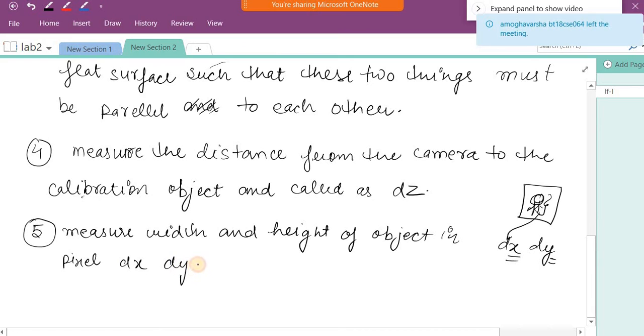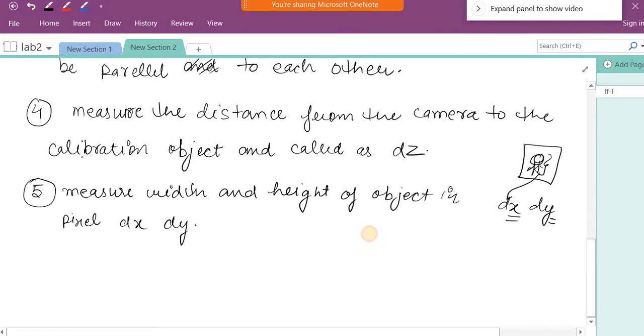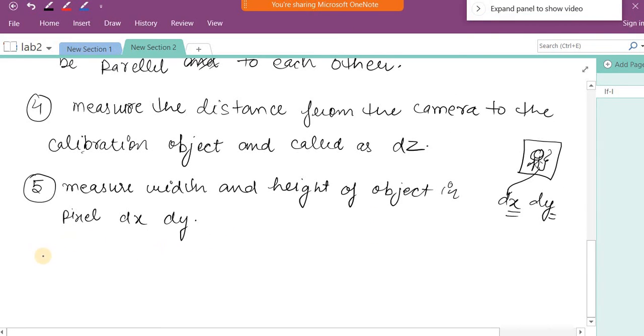Dx and dy. Now, as I told you, camera calibration is used to calculate or manipulate the camera's internal parameters. As you remember from my last lecture, I told you about one concept, the focal length, inside the camera parameters.